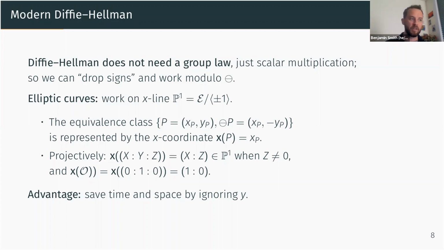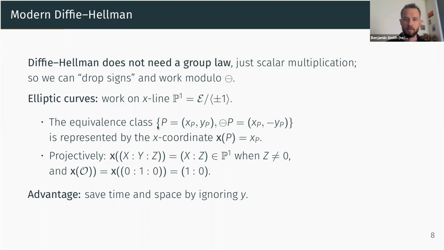So mathematically, scalar multiplication is defined modulo minus. It's defined on equivalence classes under exchanging the sign on the point, which for us means replacing y with minus y.